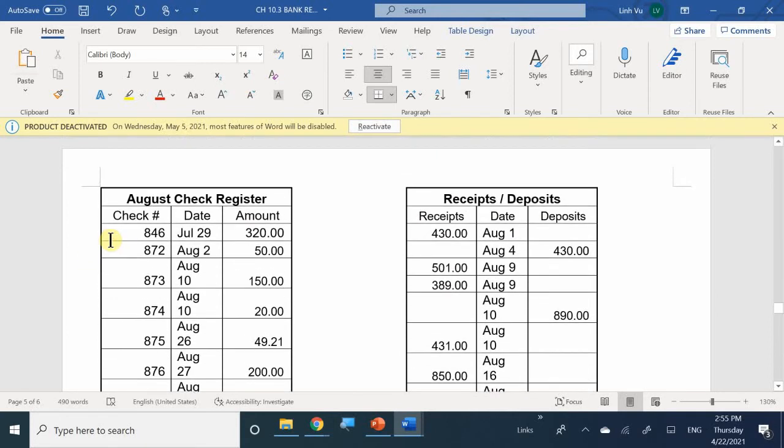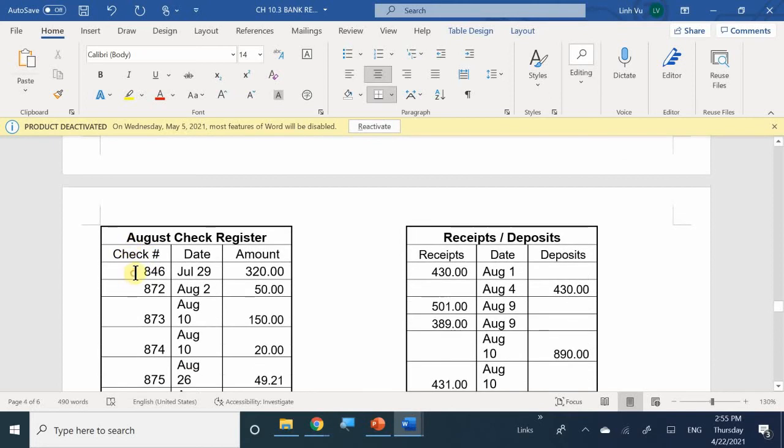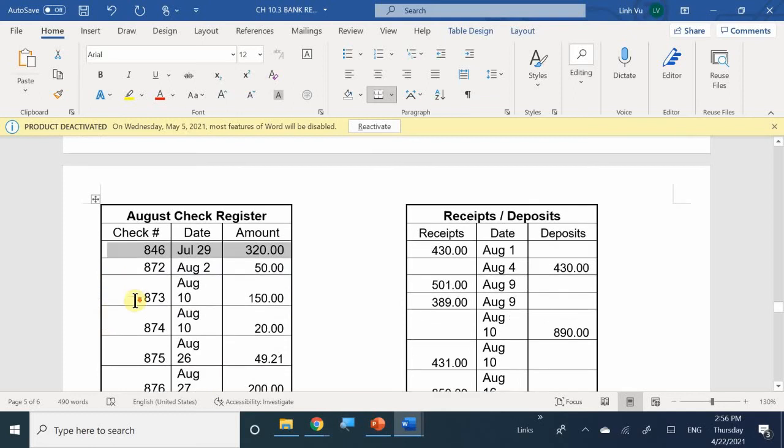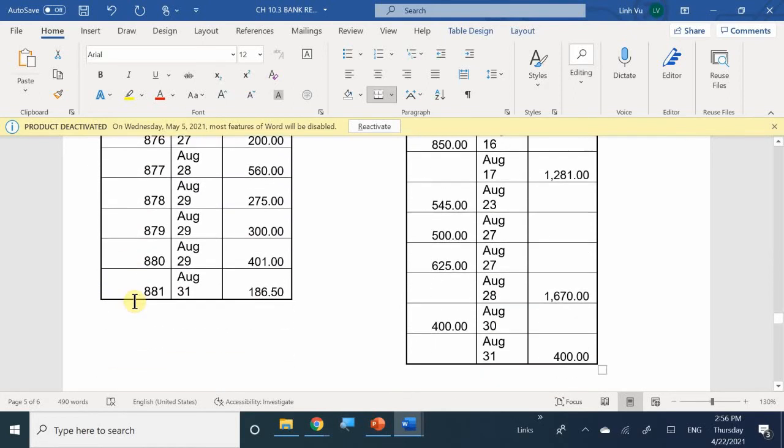So let's compare and contrast each check. A good way to look for it is the number sequence, that will be a dead giveaway. Here we have a gap in between, right? Because this was a previous statement that didn't clear until now. So 846, and then we have starting from 872 all the way to 881.